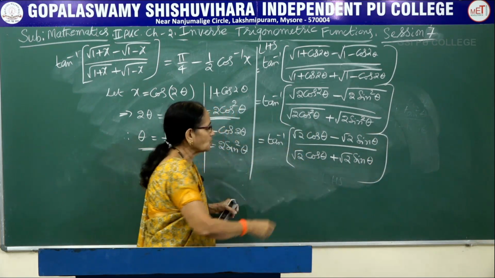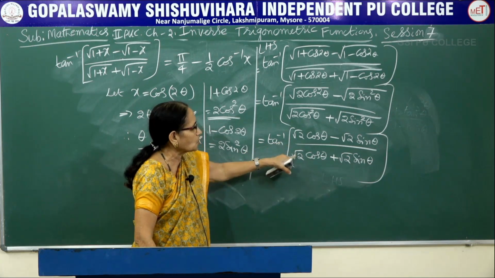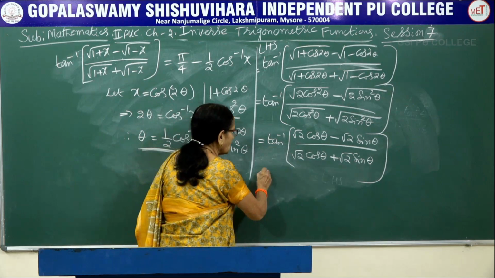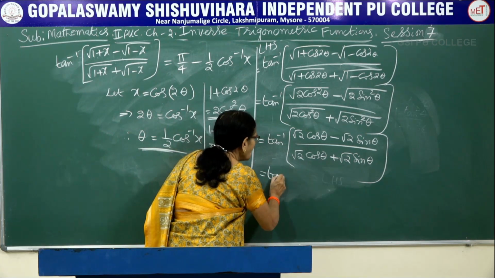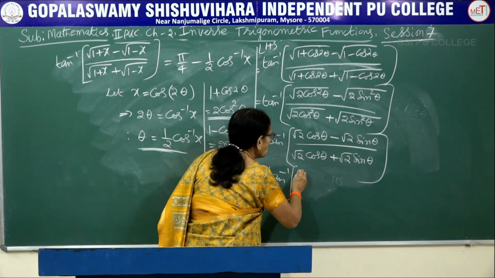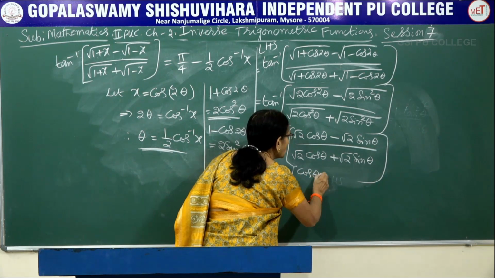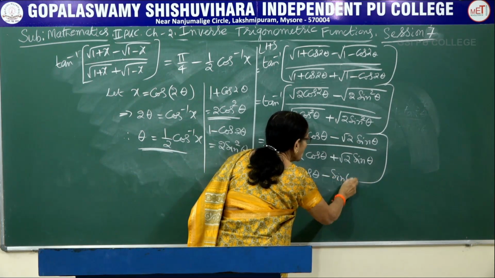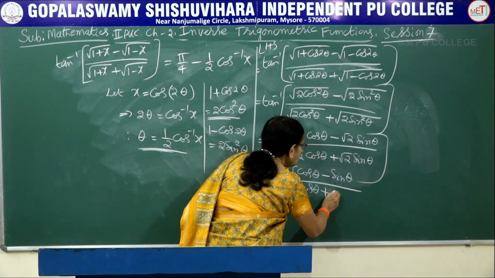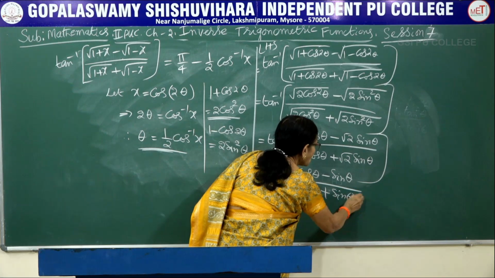Now root 2, of course, you can take out as a common factor. Root 2 gets cancelled from the numerator as well as the denominator. Now what is remaining after dividing by root 2? We are left with cos theta minus sin theta divided by cos theta plus sin theta.